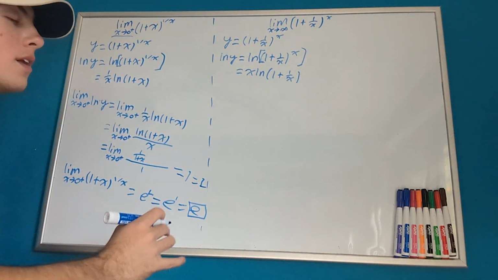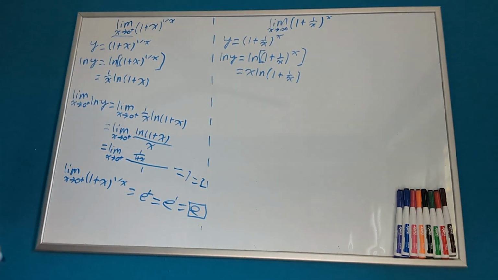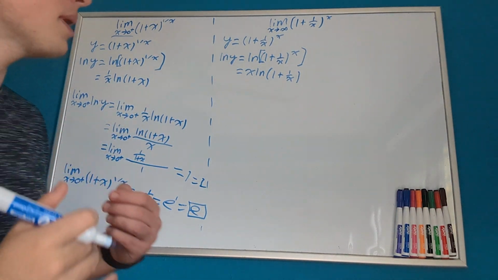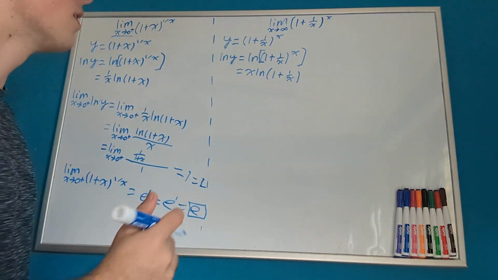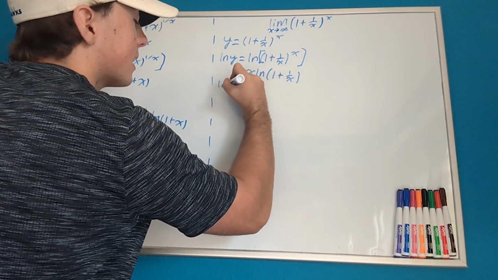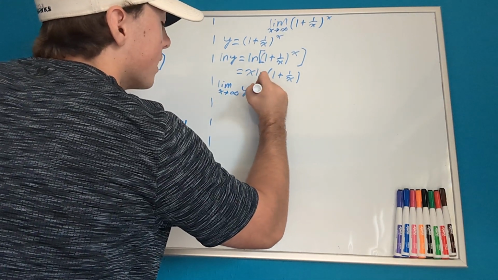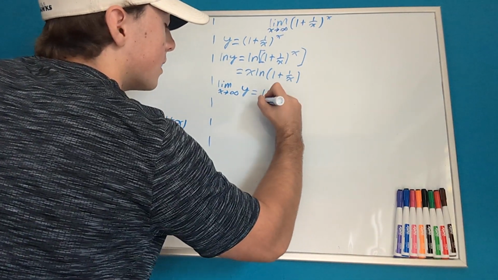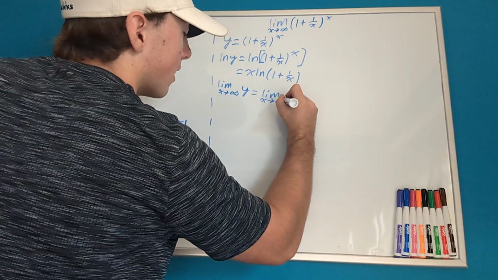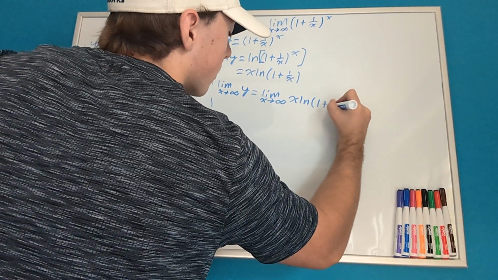Now we might be a little stumped, because in the last problem we had a reciprocal, right? We had 1 over x, and that made it really simple for us. Actually, sorry, we're not at that step yet. Now we're going to take the limit as x approaches infinity of y, and that'll equal the limit as x approaches infinity of x times the natural log of 1 plus 1 over x.